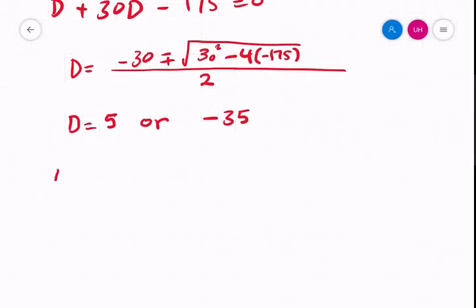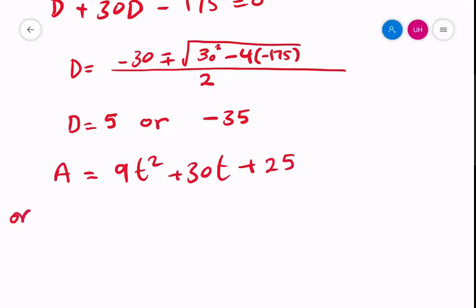Therefore, when you substitute the value of d, when d is 5, A is 9t squared plus 30t plus d squared, which is 25. Or the other A is 9t squared minus 210t plus 1225.